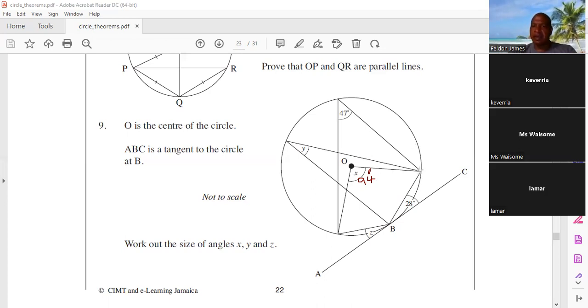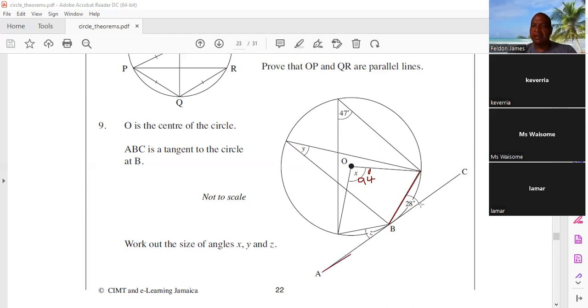You notice that. All right. So I'm just trying to give you a sense of what you're looking at. You have to be familiar with the theorem, and when you're looking at the questions, you're actually looking for the theorem that you know.